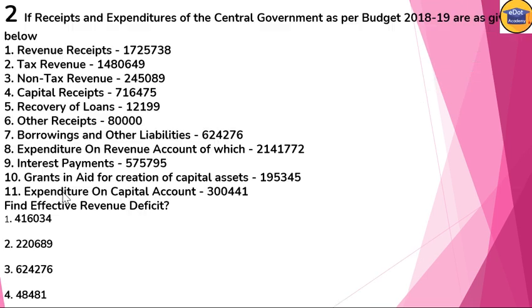Now second question. Now the data is the same here, but you have to calculate effective revenue deficit. Effective revenue deficit is always the revenue deficit minus grant in aid for creation of capital asset.